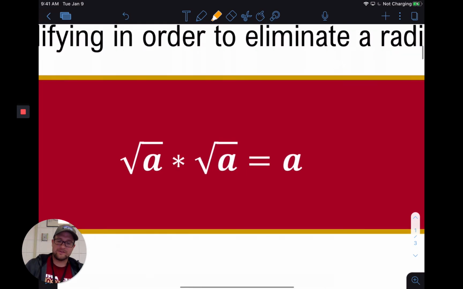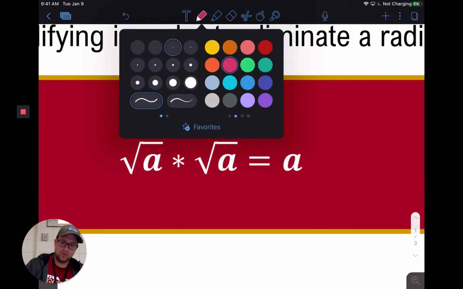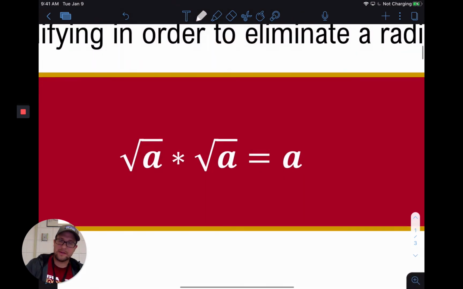So in this situation, we have the square root of a being multiplied by the square root of a. As we discussed yesterday, whenever I multiply radicals, I just multiply the insides and the outsides together. Since there are no outsides here, there's nothing to multiply on the outside. Multiplying this together, a times a would give us an a squared on the inside.